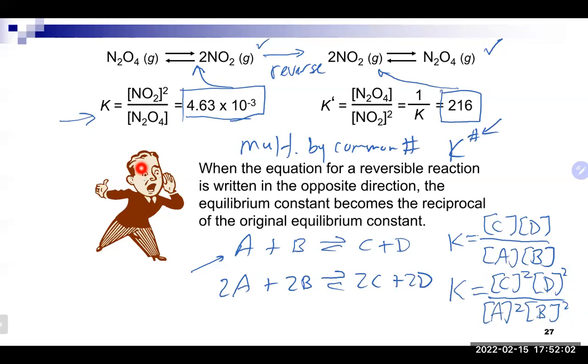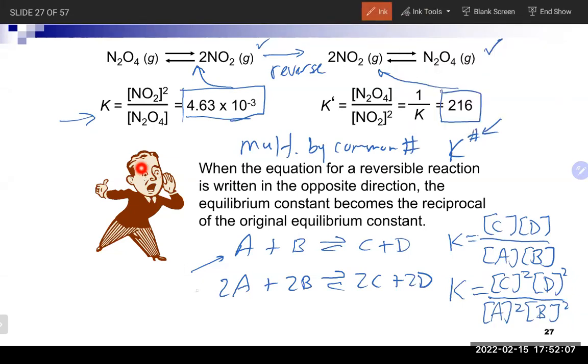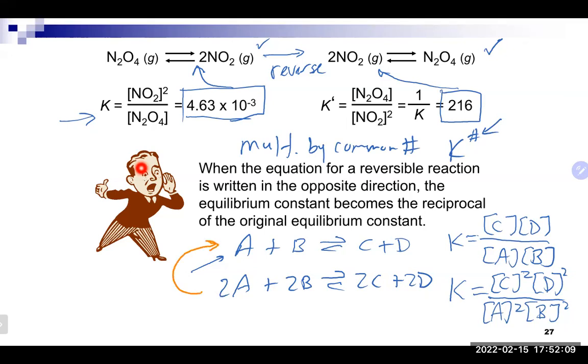Let's say we're doing the opposite here and we're going from this guy back here to the first equation. If I went from the second equation back to the first equation, I essentially divided everybody by 2, right? What happens to the K value if we're going this way? Because I divided by 2, the K value actually is the square root of the original K value.